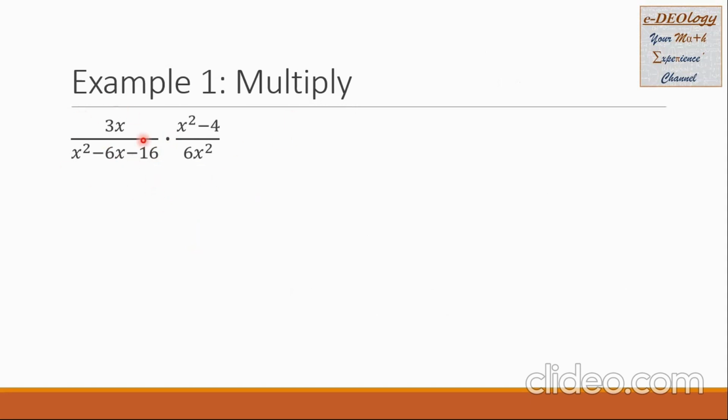The first one is 3x all over the trinomial x squared minus 6x minus 16, times another, the numerator is x squared minus 4 all over the denominator 6x squared.